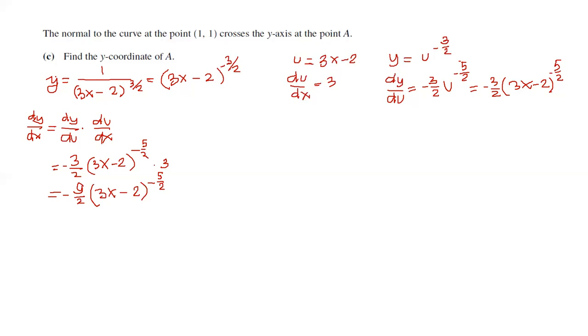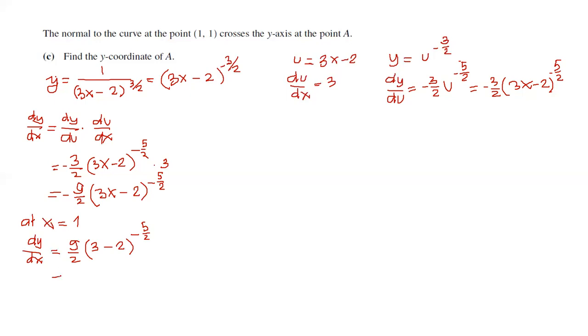Okay, so if x equal 1, because the point is (1, 1), the curve at the point (1, 1), okay, on point A, if x equal 1, it means dy/dx equal negative 9/2 times (3 minus 2) to the power negative 5/2.